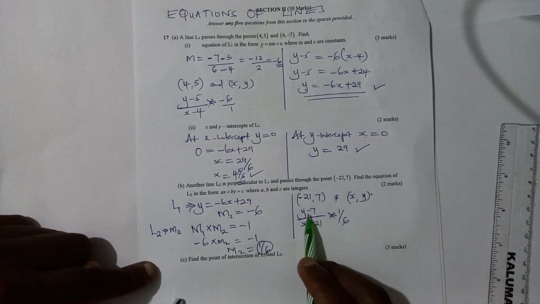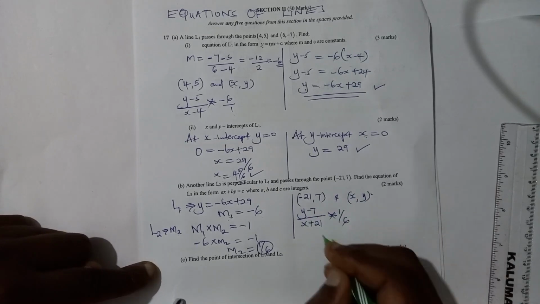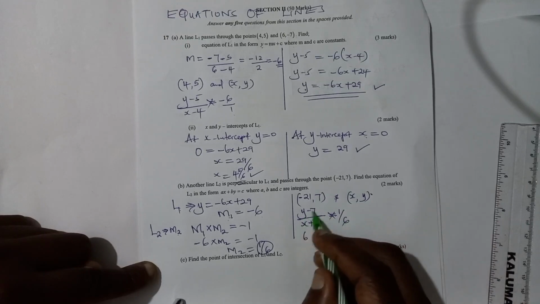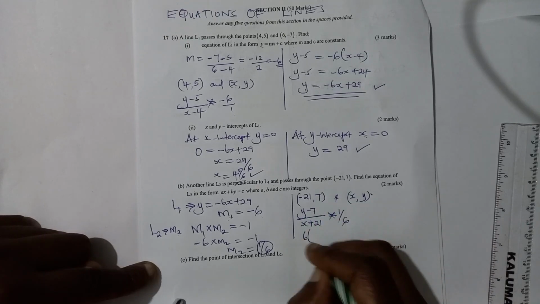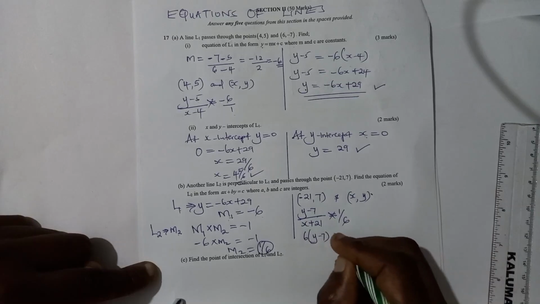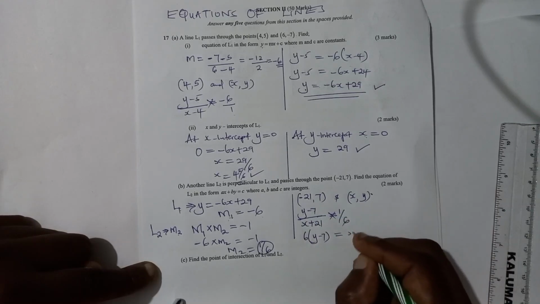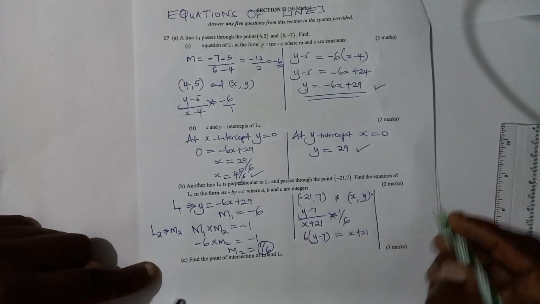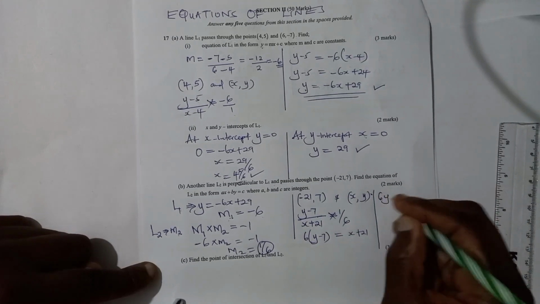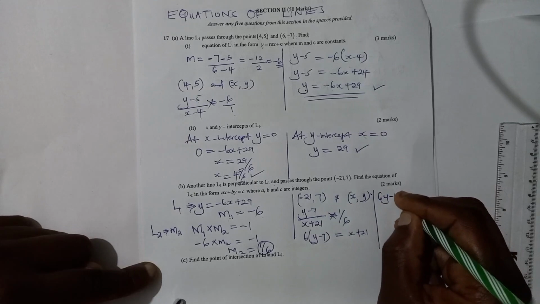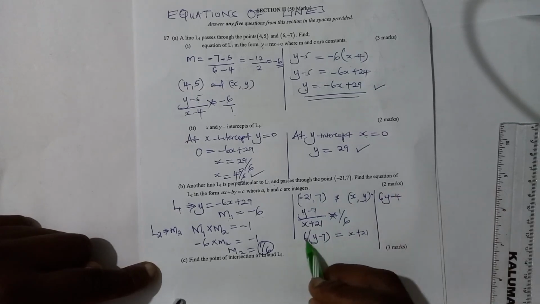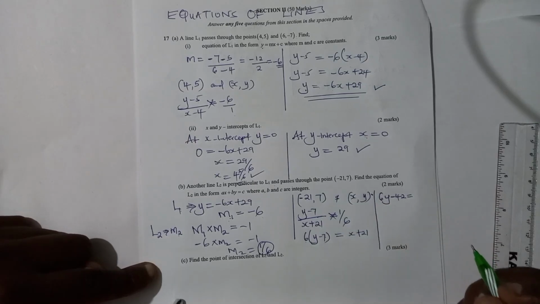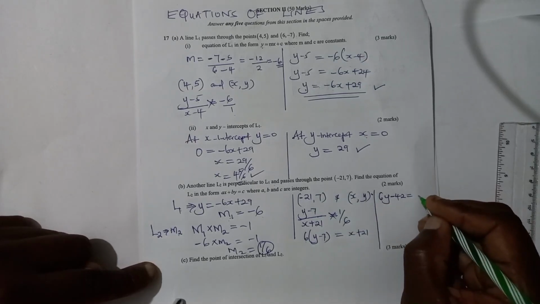So cross multiply: 6 multiplied by (y minus 7) is equal to 1 multiplied by (x plus 21). From there, this will give 6y minus 42, 6 times 7, 42, is equal to x plus 21.